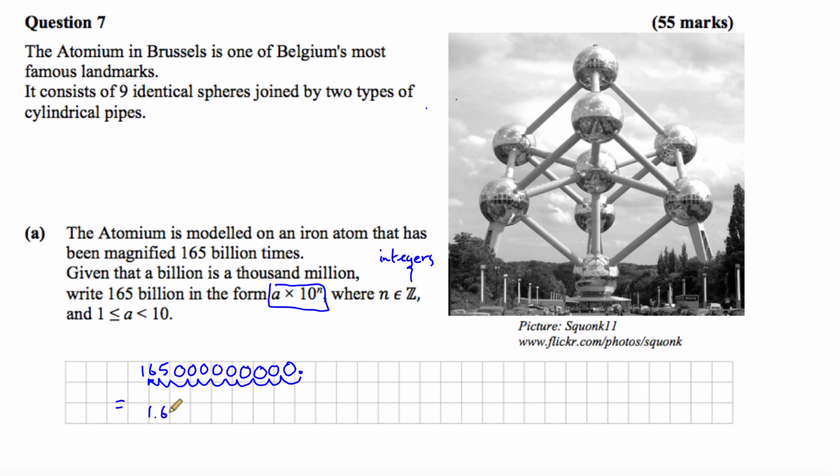So it would be 1.65. So 1.65 multiplied by 10 to the power of 11 would be the same as this number, 165 billion.